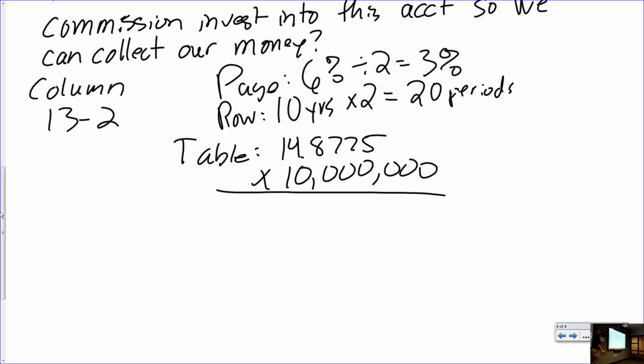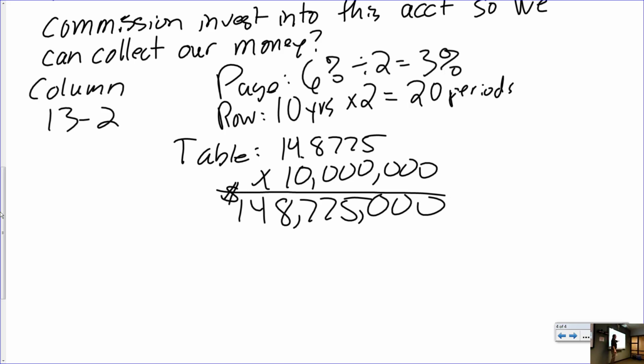So basically move the decimal 7 times. That's 1, 2, 3, 4, 3 zeros at the end. So a $200 million lottery, folks, the Lottery Commission only needs this much money.